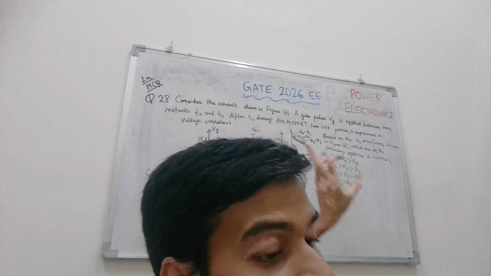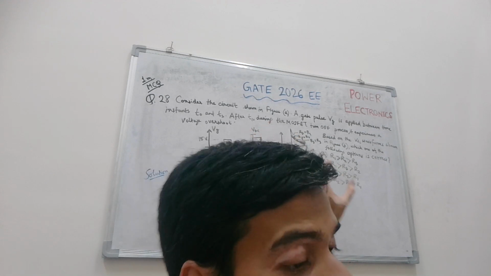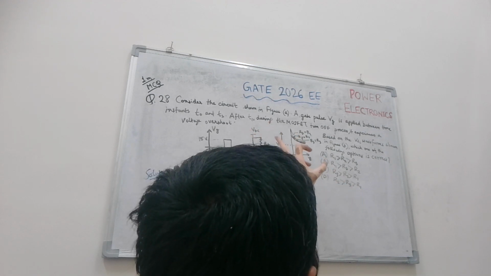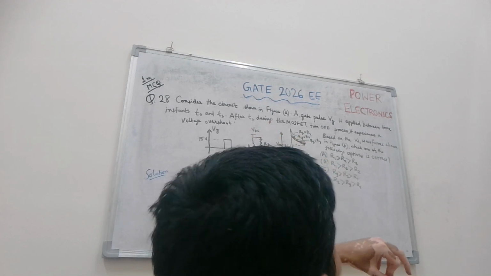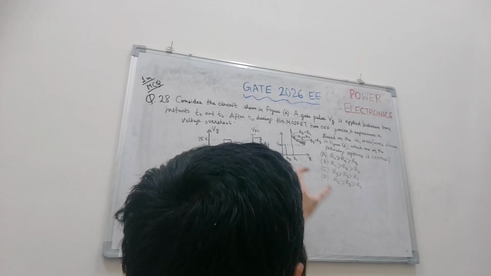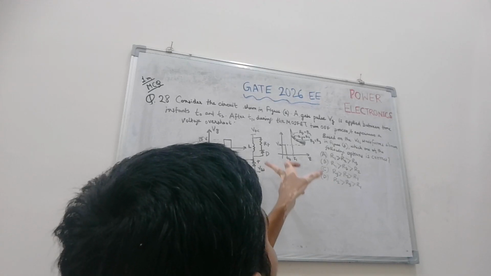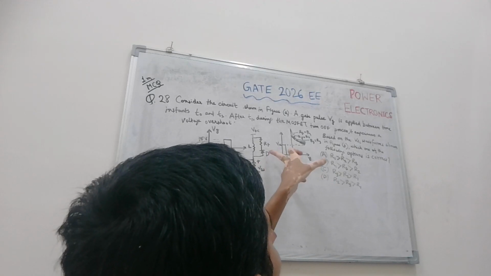Consider the circuit shown in figure A. A gate pulse Vg is applied between time instants t0 and t1. After t1, during the MOSFET turn-on process, it experiences a voltage overshoot. Okay, the circuit is given as this. This is a gate circuit, VDS, and a diode is connected.